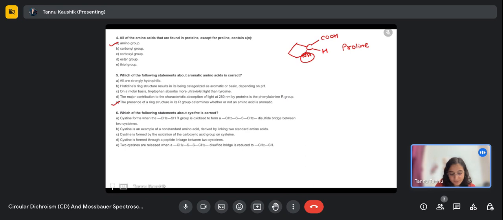So cysteine forms when this CH2SH R group, this is the methionine group, sorry, cysteine group.